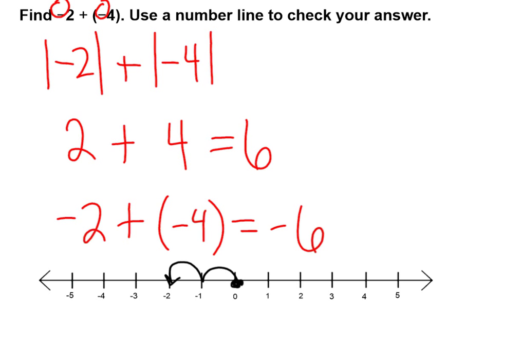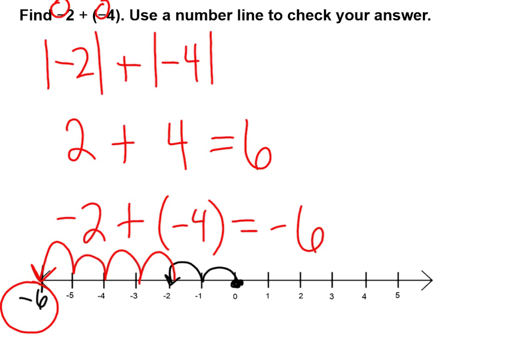Now I'm adding negative 4 to it. So I'm going to move 4 places to the left because when we go negative, it's always left. So I go 1, 2, 3, and 4. And there, using your number line, you can see that we land on negative 6.